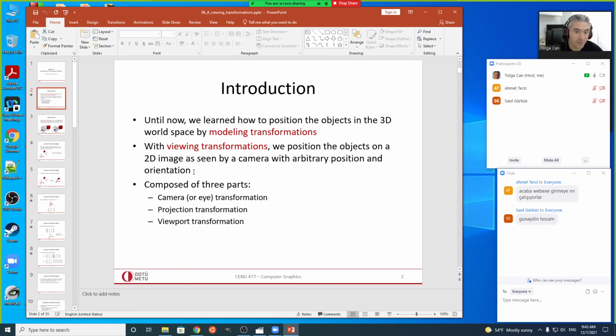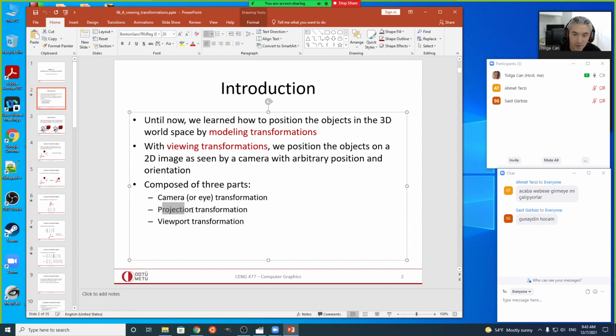Ray generation and finding the pixel coordinates on the image window will be really easy. To make those computations easy for projection transformation, the camera transformation's main purpose is to change the coordinate system so that the camera position becomes the new origin and the camera looking direction becomes the new minus z-axis. That's the camera transformation.